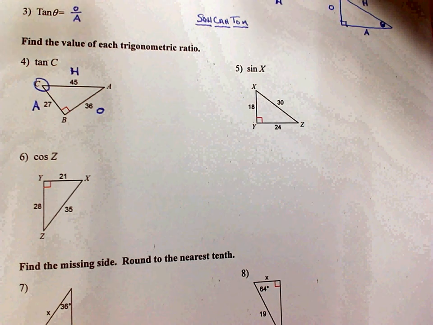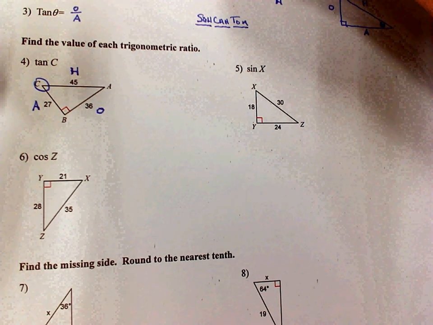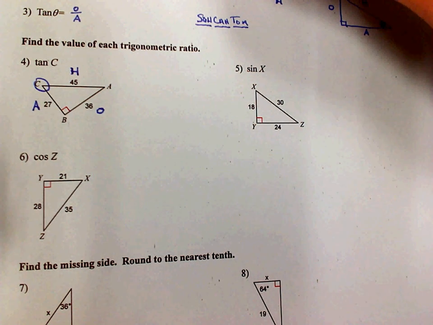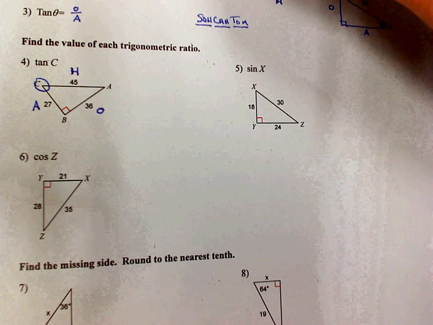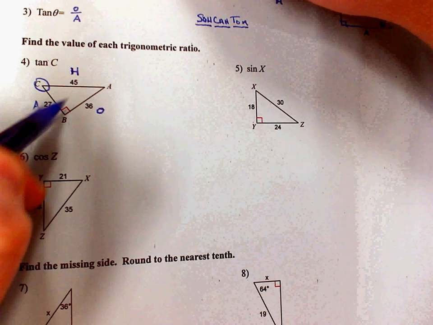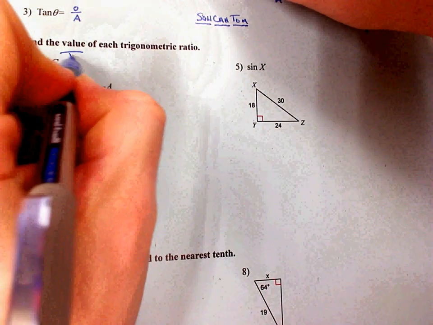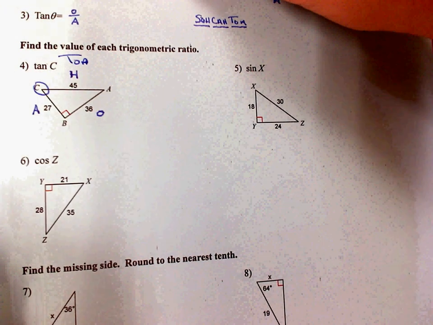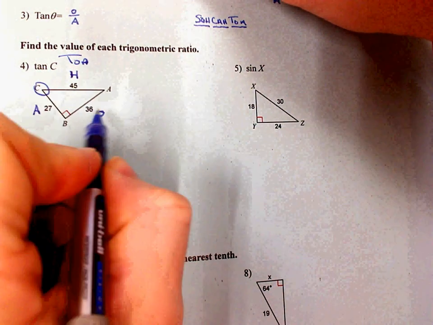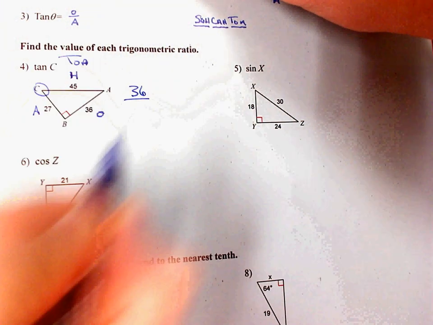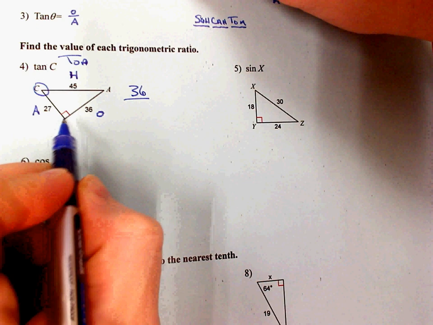So just like we did up above, really you have to be able to identify which side is which, and then you have to know which one is tangent. So which pair of numbers here is tangent? Well, SOHCAHTOA, TOA, tells us that tangent is O over A. So the opposite, which is 36, over the adjacent, which is 27.